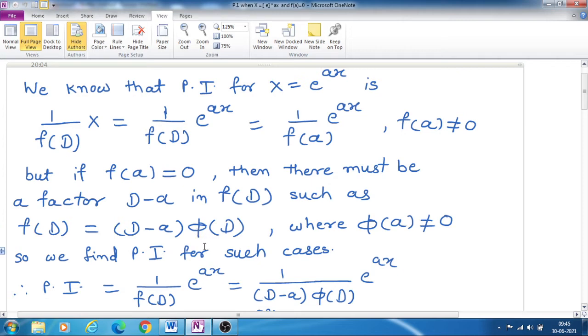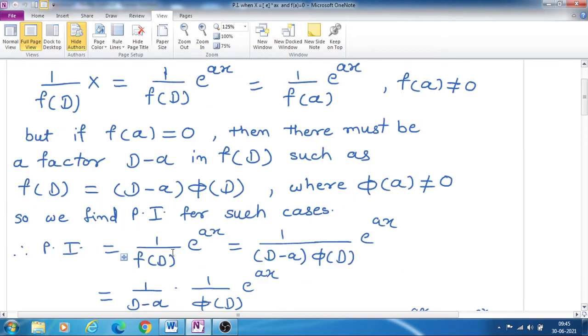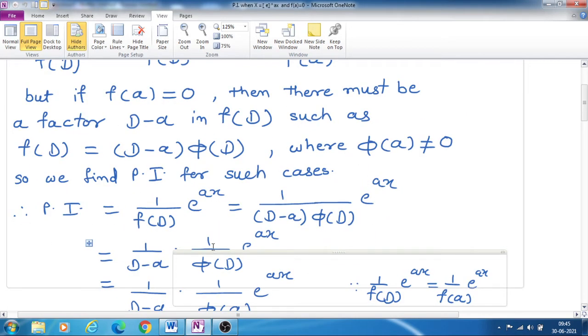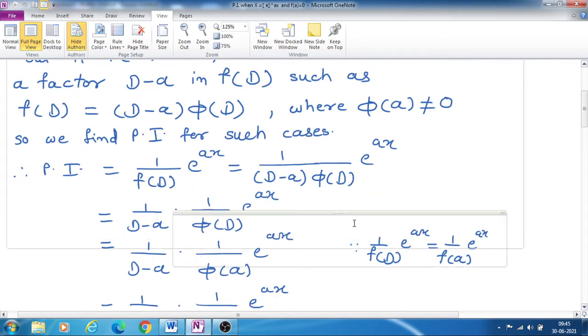So we have to find PI when there is such a factor D minus a. So PI is equal to 1 upon f(D) into capital X. Here capital X is e raised to ax.